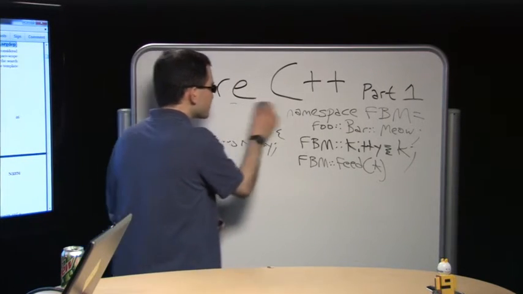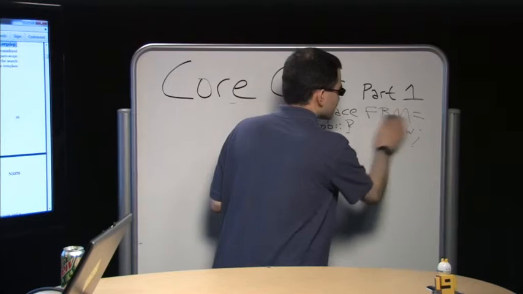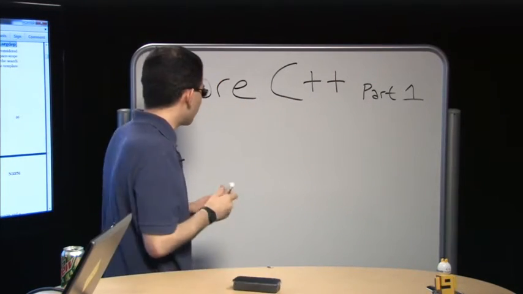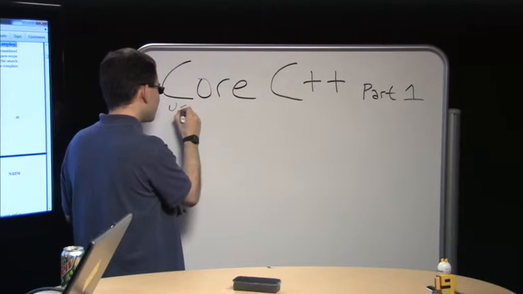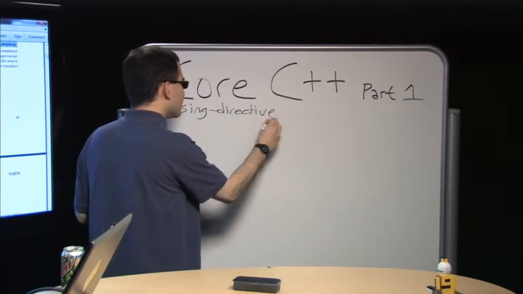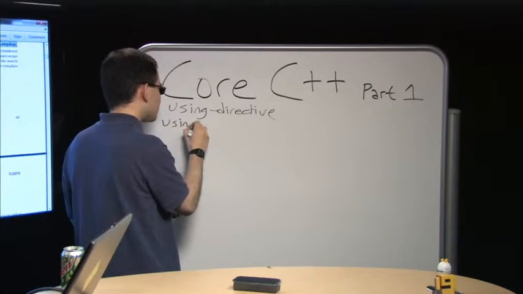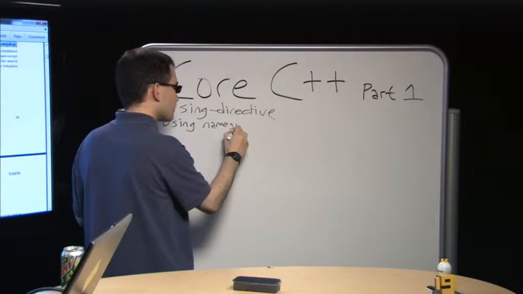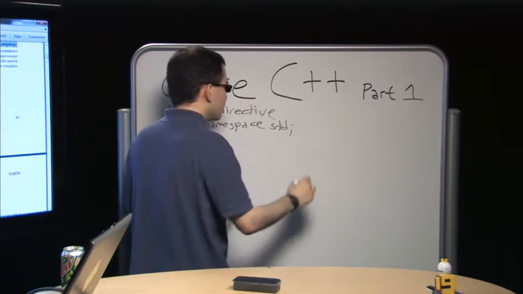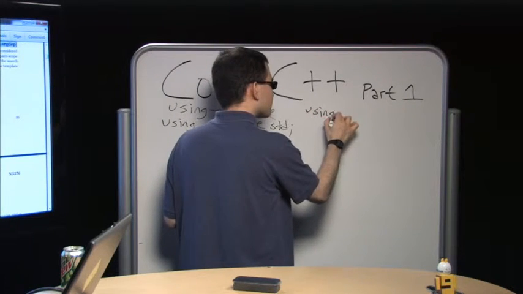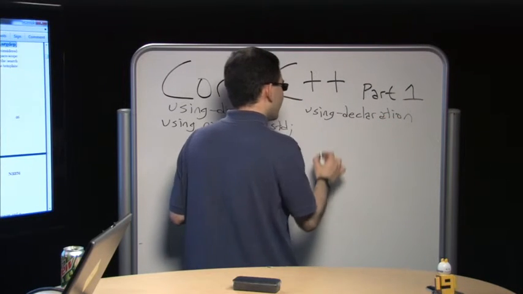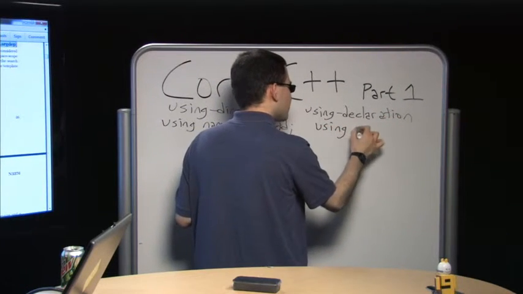So as for usings, there's actually 2 ways to do using. There are using directives, and this looks like using namespace std. And then there are using declarations, and this looks like using std::vector.